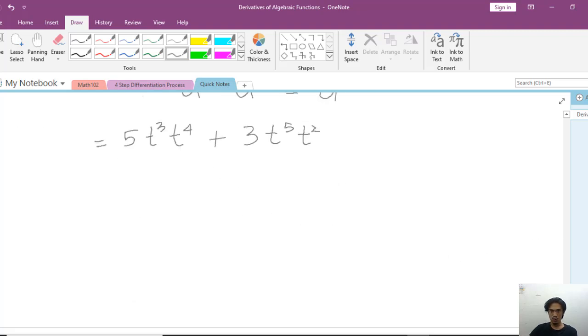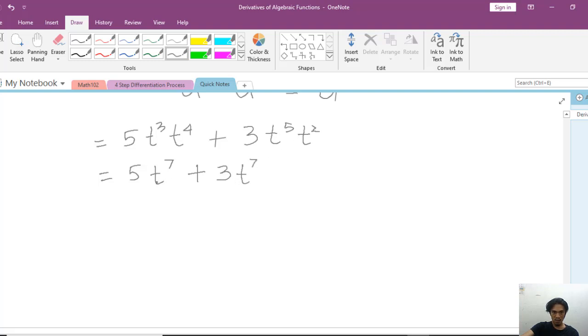We will continue. This is equal to 5 t raised to 3 plus 4 is 7, plus 3 times t raised to 5 plus 2 is 7.